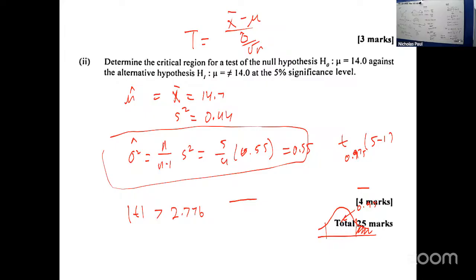N over n minus 1. Right, so that value you found there is this. To go back now and find S squared, just rearrange this formula right here, because they ask for sample variance.